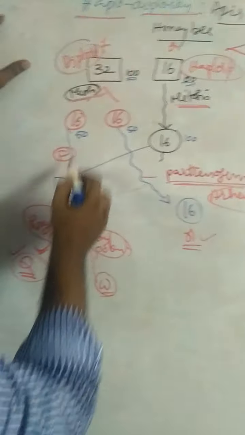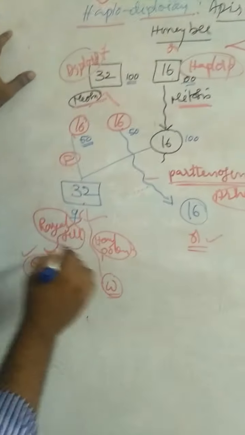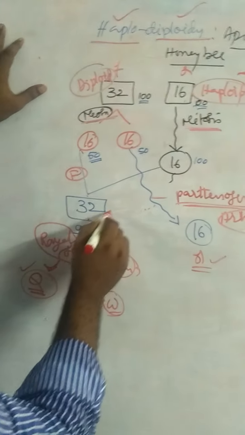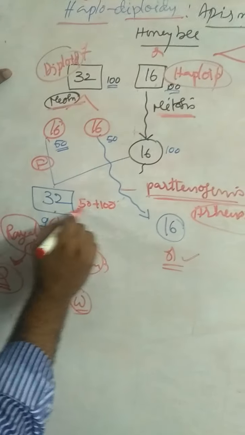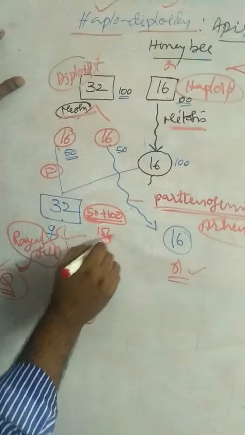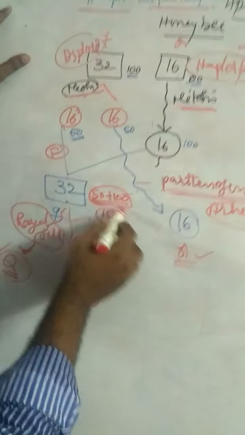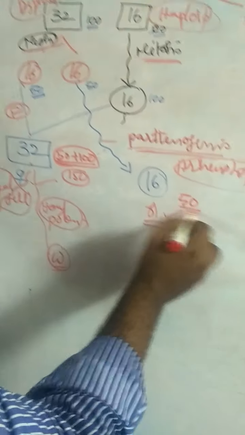After fertilization, this one is female. The female receives 50 genes from the mother and 100 from the father. That means this female contains 50 plus 100, equal to 150 genes, and the male receives only 50 genes.